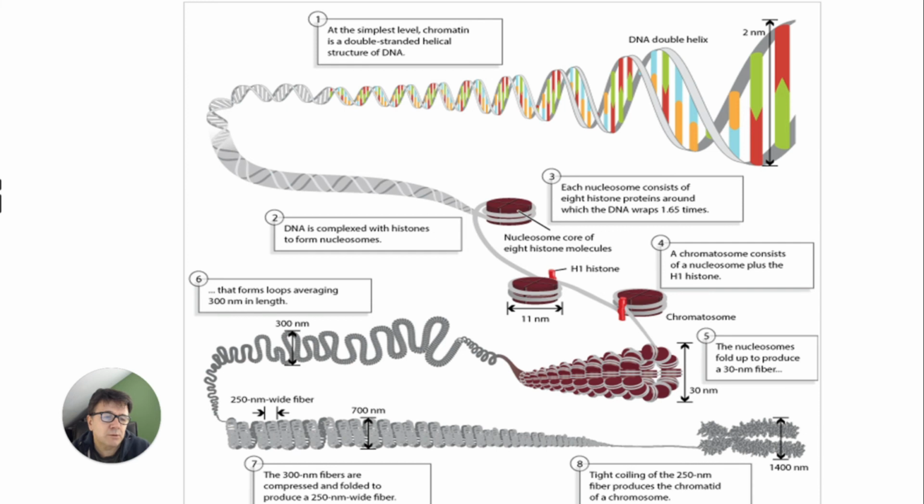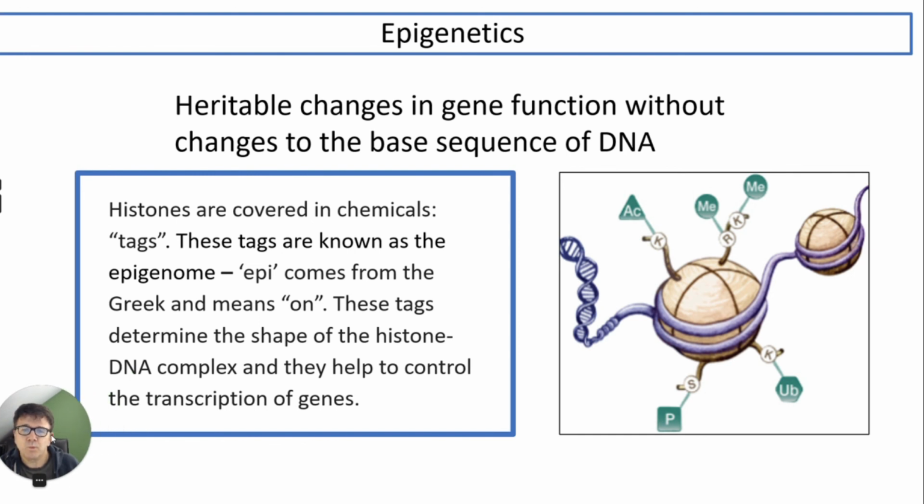Then they are folded up, and then they form loops, and then eventually they're compressed to make tight coiling of the fibres, producing the chromatid of a chromosome, which is very important. And obviously if they're tightly coiled, then the mechanisms of protein synthesis can't go forward, so genes can be inhibited, in other words not producing certain genes when the histones are tightly coiled.